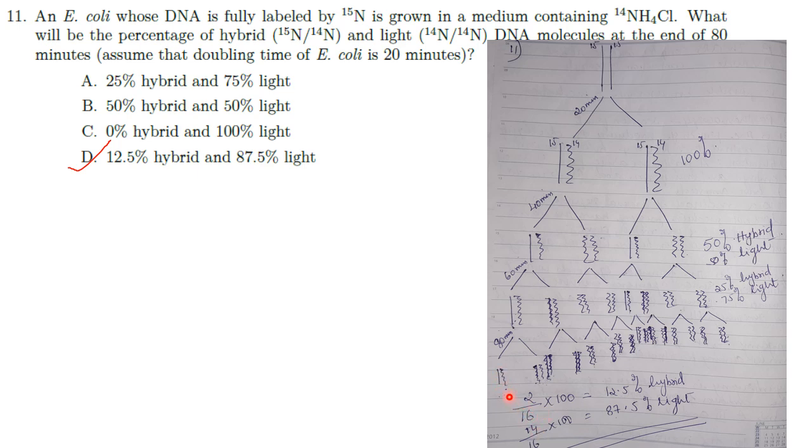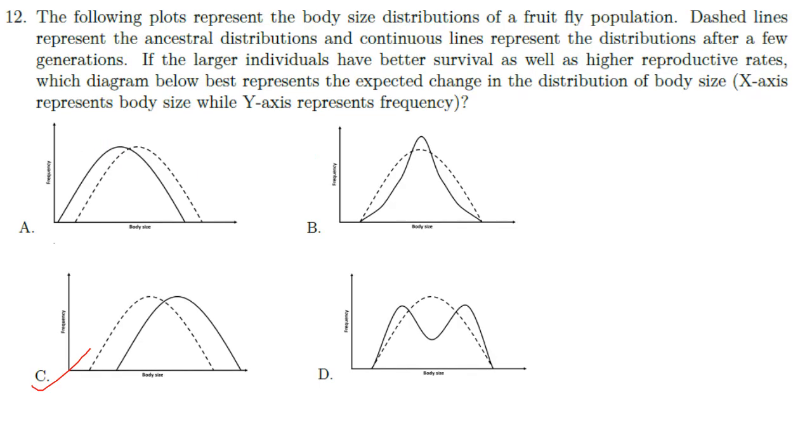So 2 out of the total 16 into 100 will be 12.5% hybrid DNA, and 14 by 16 into 100, that is 87.5% will be light DNA. So they have asked after 80 minutes replication, so it will be option D, 12.5% hybrid and 87.5% light.